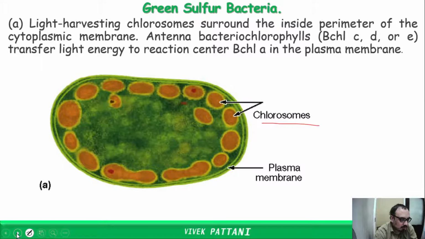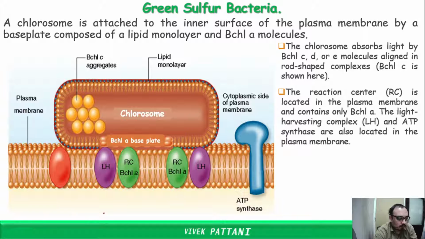But in the case of green sulfur bacteria, it will be 840, and the P840 gets excited.